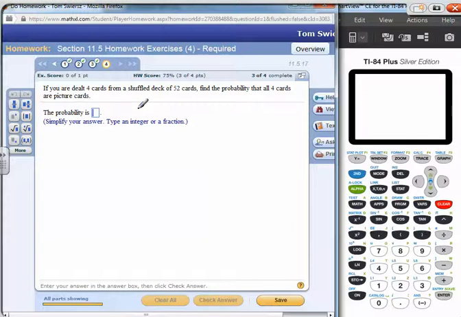We just want all picture cards, so it's a combination. Now picture cards are jacks, queens, and kings, right? And there's 4 of each suit. So there's a total of 12 picture cards, and we want all 4 to be picture cards. So the number of ways to get 4 picture cards from a total of 12 is 12C4.